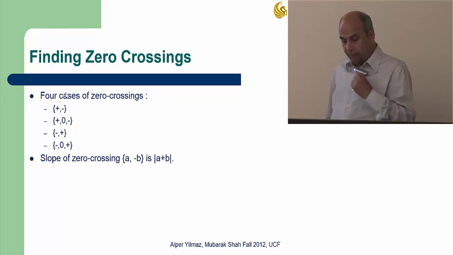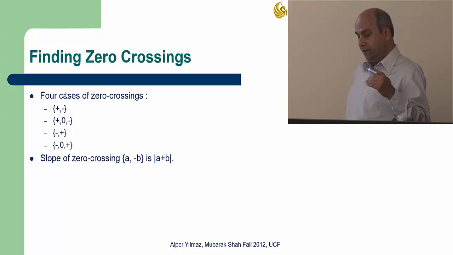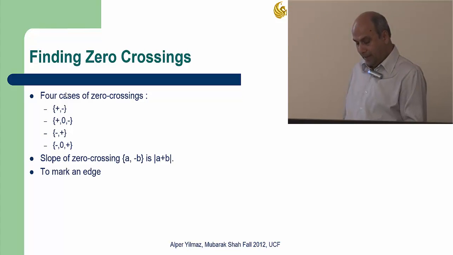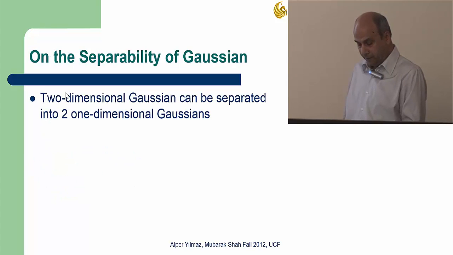Therefore, you have to find the slope of the zero crossing. So when something goes from A to minus B, the slope is A plus B, the change from A to minus B. And you can apply a threshold on that. Compute the slope of the zero crossing, apply a threshold to the slope.